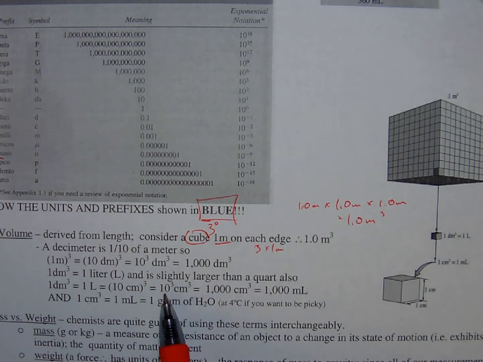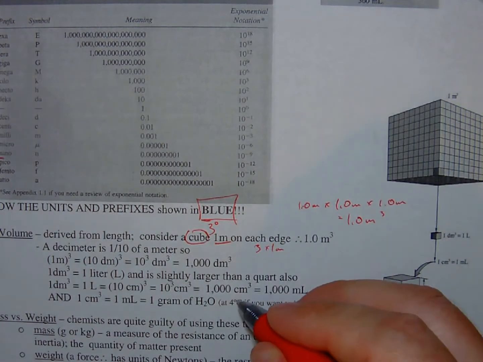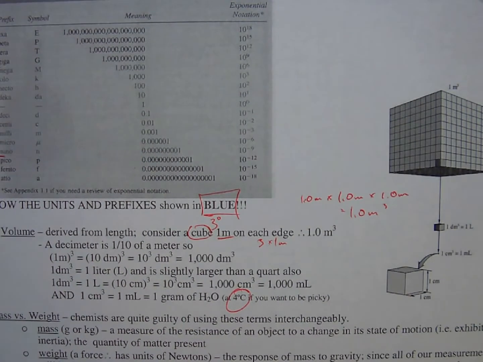When we go 10 cubed, centimeter cubed, that's 1,000 centimeters cubed. That's 1,000 milliliters. And 1 centimeter cubed is 1 milliliter, which is the definition of 1 gram of H2O, and specifically at 4 degrees Celsius, if you want to be super picky, which right now I don't want to be.